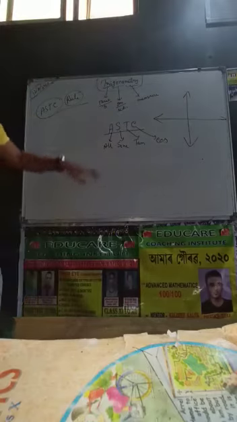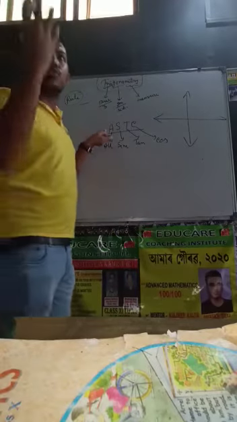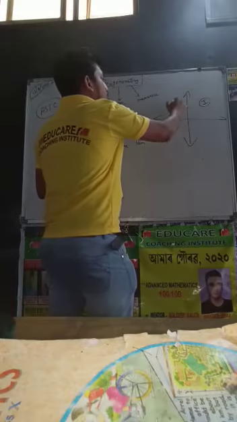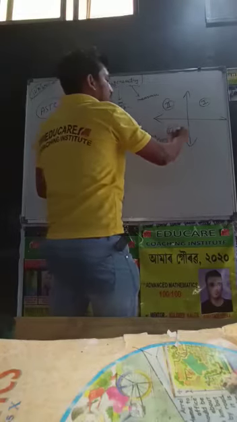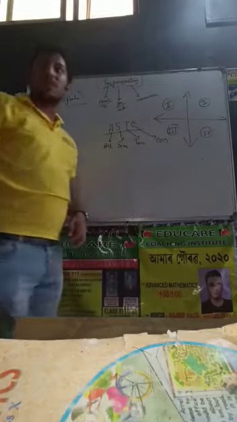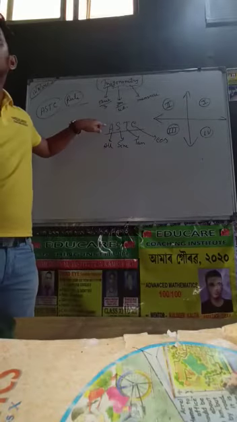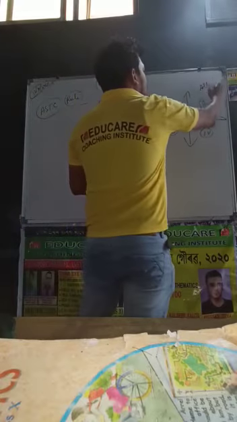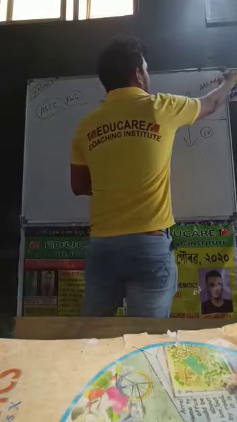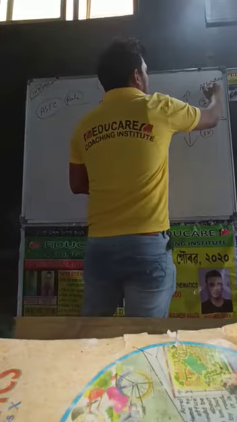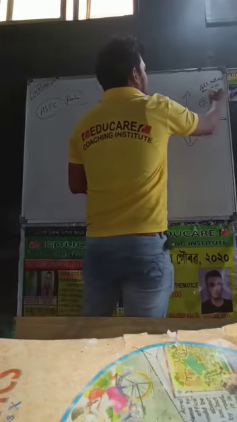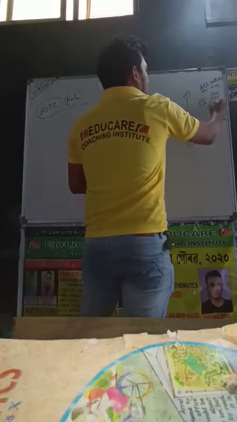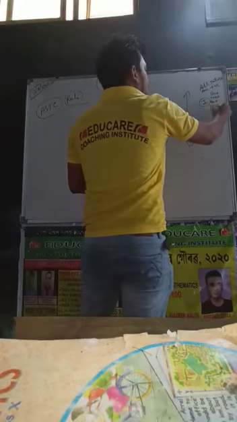Now see, what is all? We have 4 quadrants: 1, 2, 3, and 4. Simply, in the first quadrant, A, all ratios in this section are positive, like sin theta, cos theta, tan theta, cot, sec, cosec.